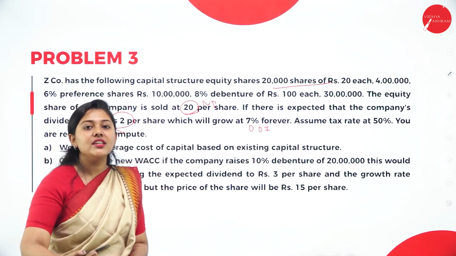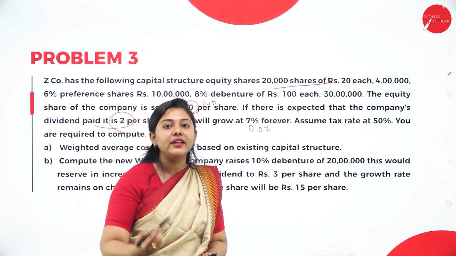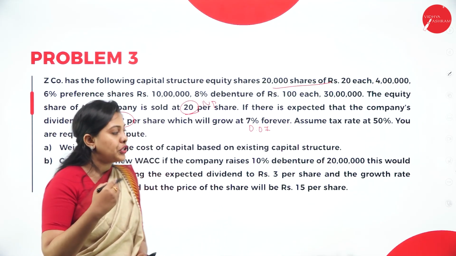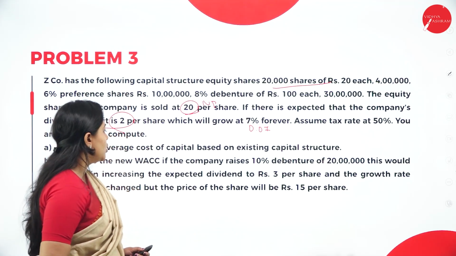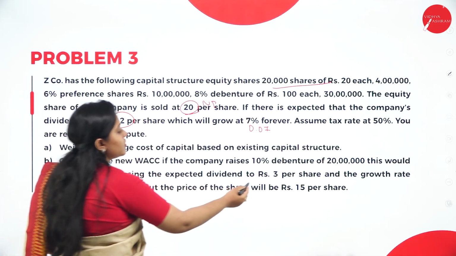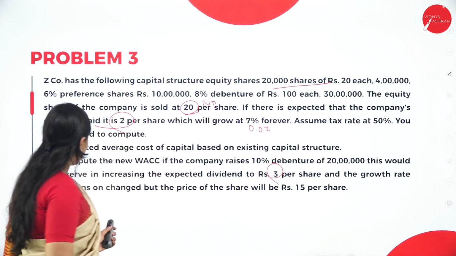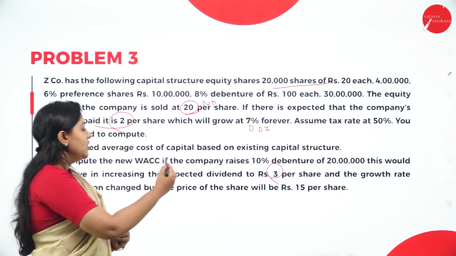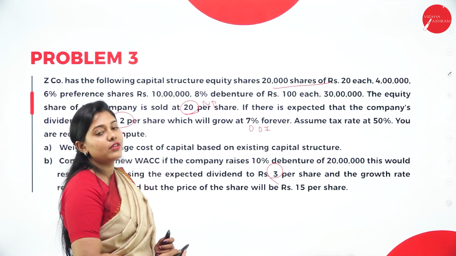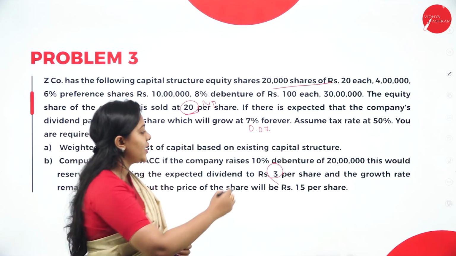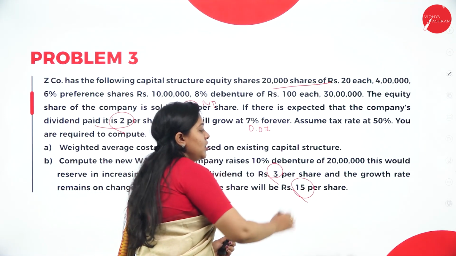Since they are issuing the debenture, the dividend becomes 3 per share. The growth rate remains unchanged, but the price of the share will be 15 rupees. So it has decreased to 15 per share.